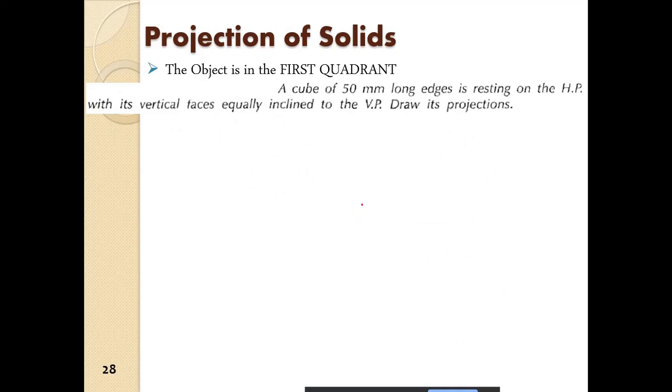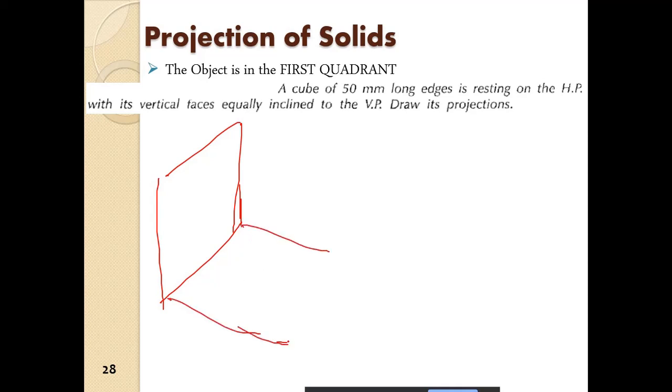All right, then a cube of 50 mm long edge is resting on the horizontal plane, and its vertical faces are equally inclined to the VP. So we have a cube, resting on the horizontal plane, and its vertical faces are equally inclined to the vertical plane.